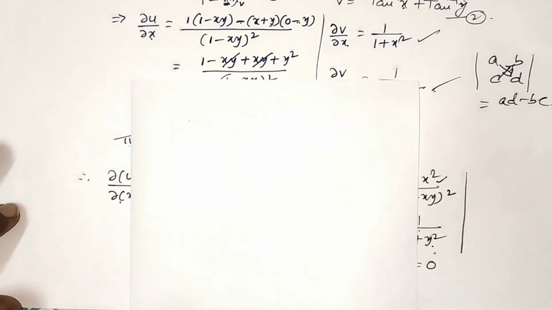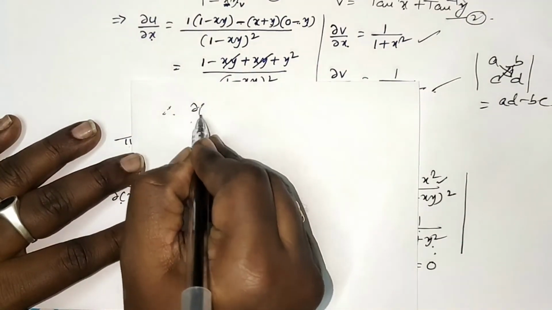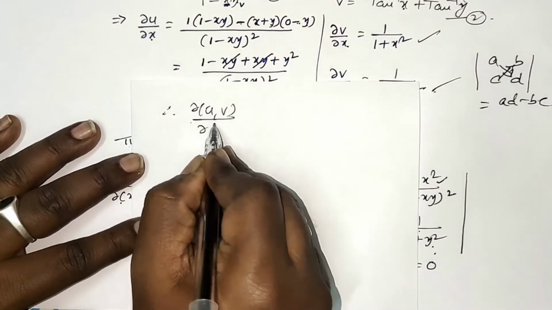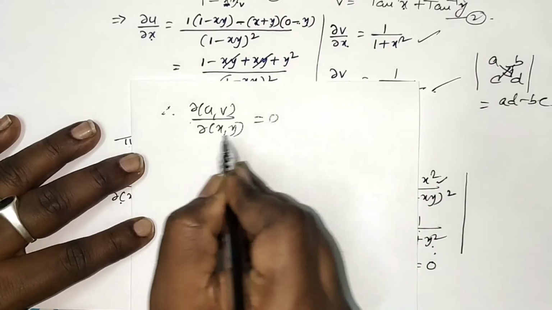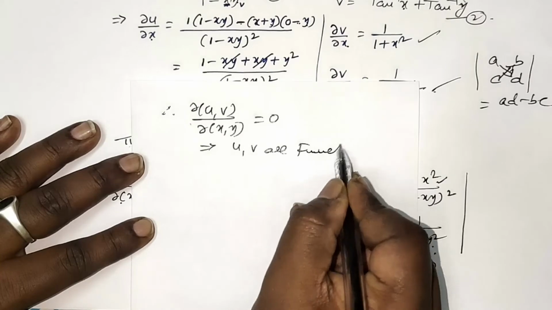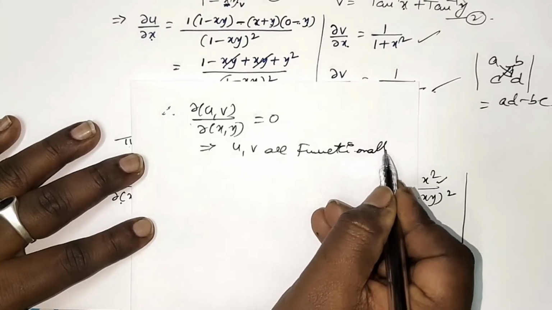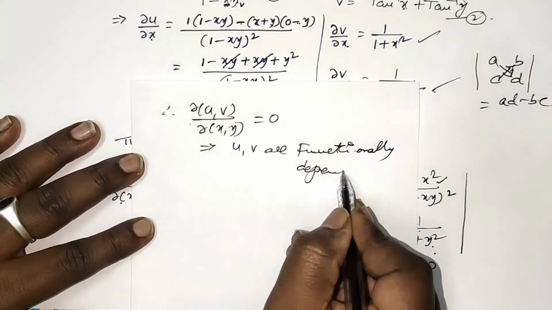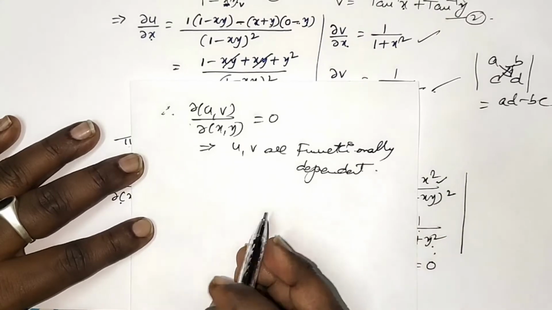So we should understand that whenever the Jacobian of u, v with respect to x, y is 0, you should understand that u, v are functionally dependent, otherwise functionally independent.